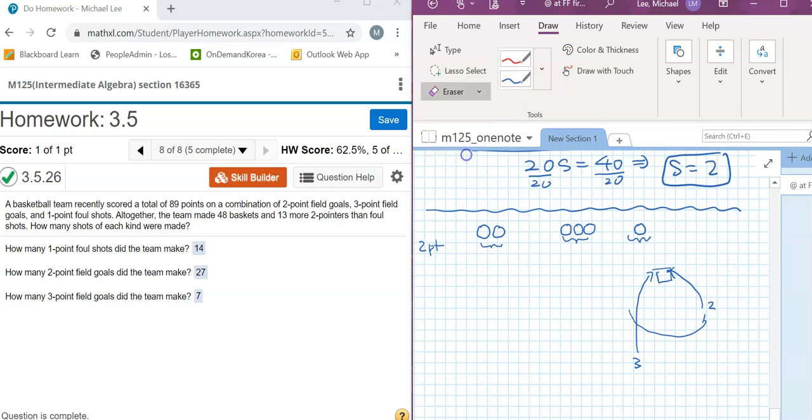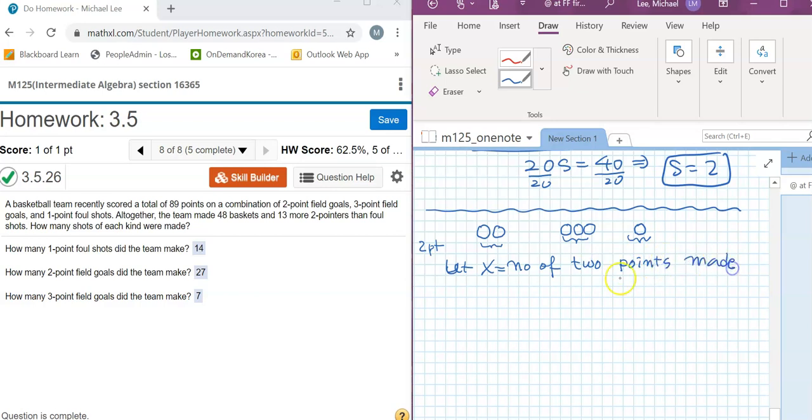So first let's define. Let X be the number of 2-point shots made. Y is the number of 3-point shots made.